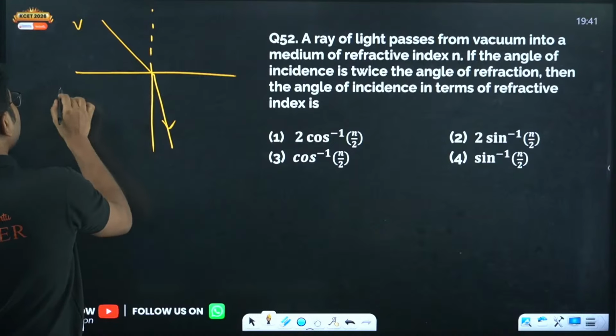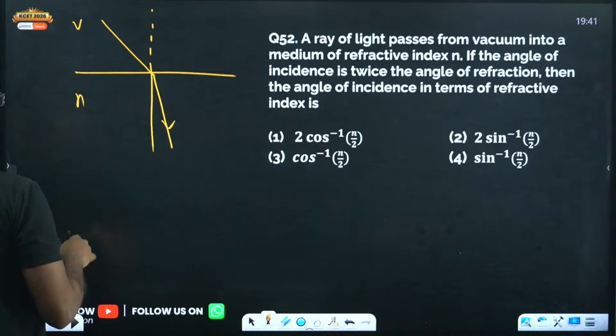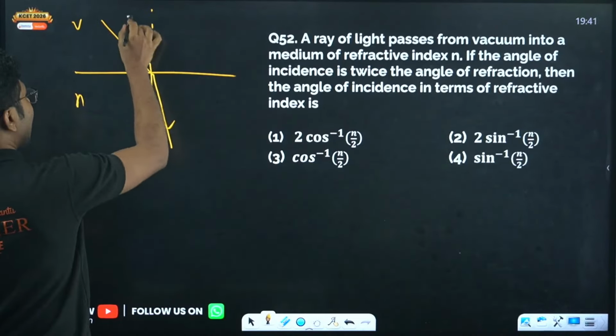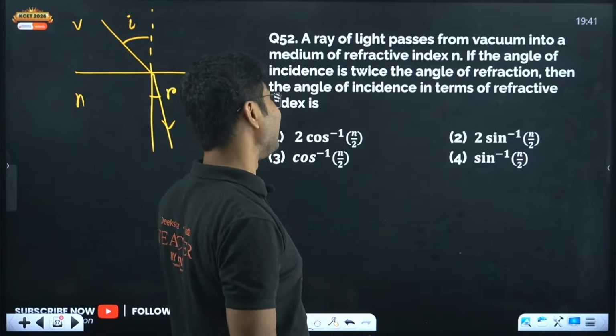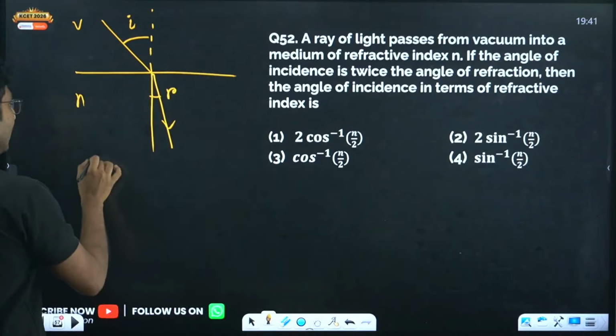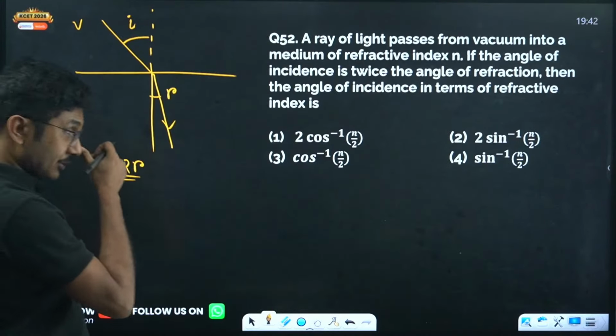So this is vacuum, this is a medium of refractive index n. Now its angle of incidence is I, angle of refraction is R. Now it is said that angle of incidence is twice the angle of refraction. That means I is equal to 2R. This information is given in the question.